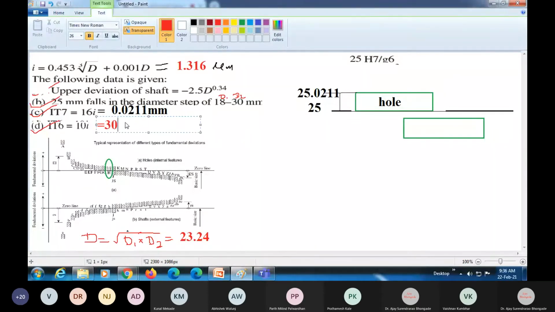Sir, 13.13. 13.16, right? So that is equivalent to 0.01316. Okay, so let us make it 0.0132. So that is what the IT6 is.